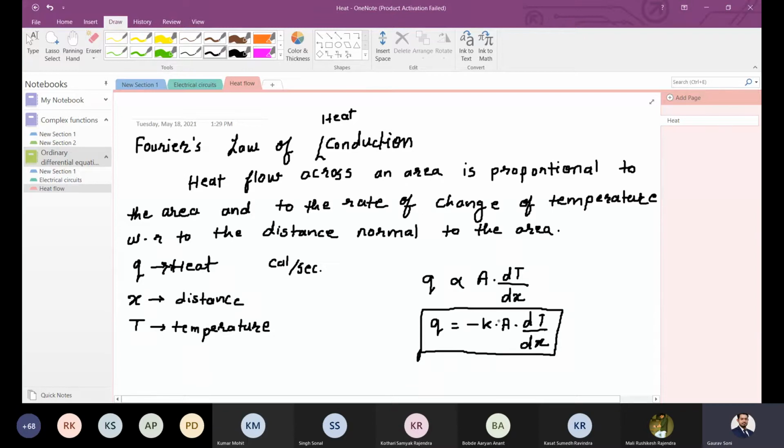Now, whatever surface your heat is flowing through, this A represents the area of that surface. In this particular topic, we will generally be studying the heat flow across a pipe. So we have a pipe, and inside the pipe we have steam passing through.